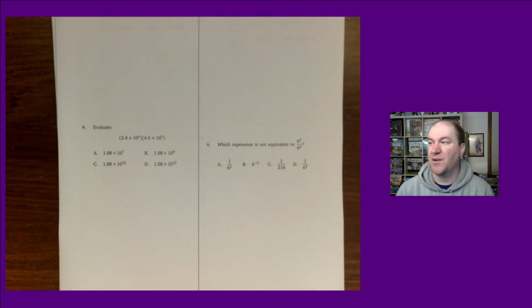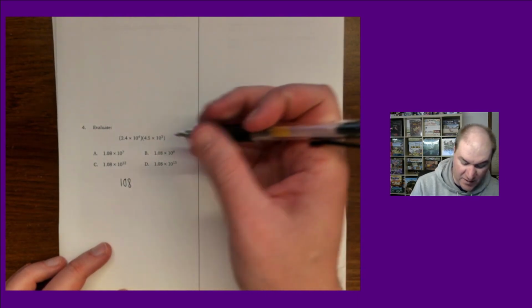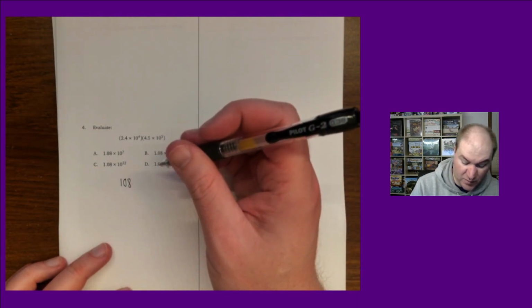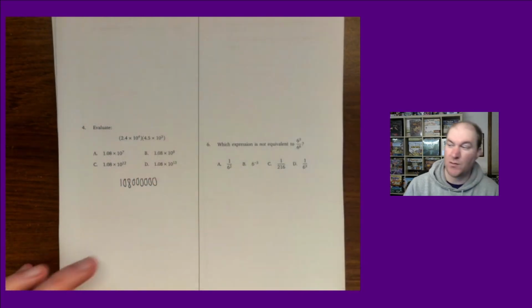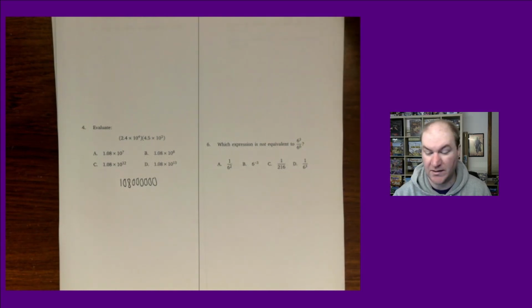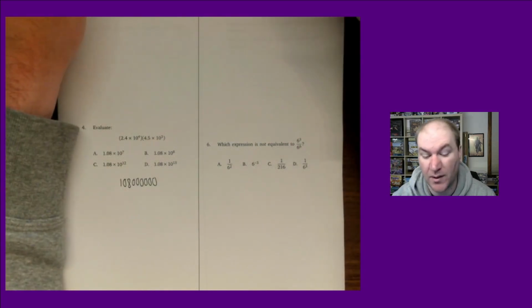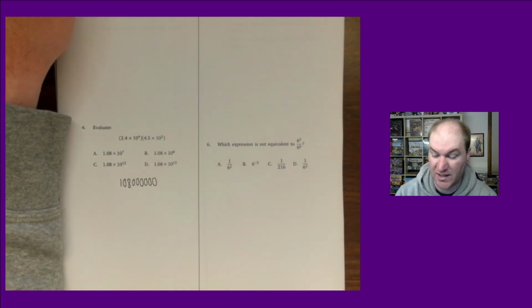And when I multiply these two, I get 108, and then there's 1, 2, 3, 4, 5, 6 zeros. So when I multiplied these 2 numbers on my calculator, I got 108 and then 6 zeros attached to the end.